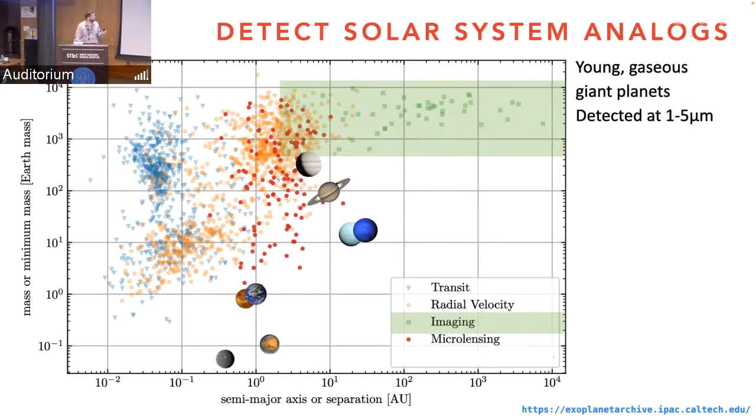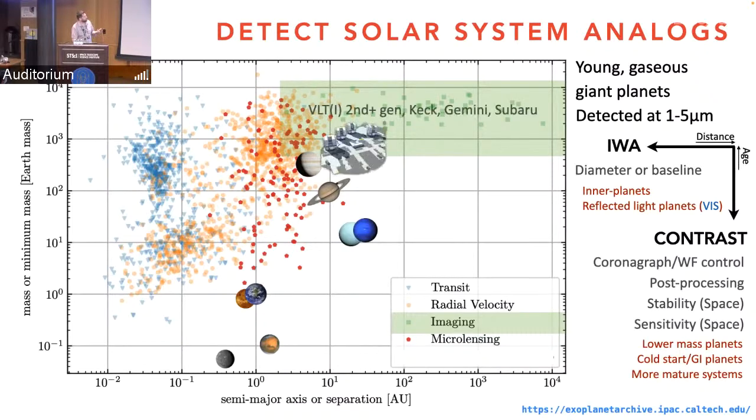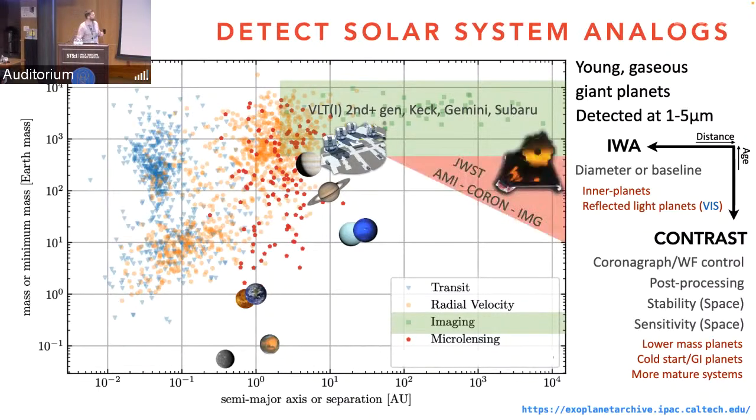With JWST, we can go down a little bit in contrast at large separations. Yeah, so we're going to keep doing this with ground-based facilities. With JWST at large separation, we're going to be able to go down in mass, also see colder planets.